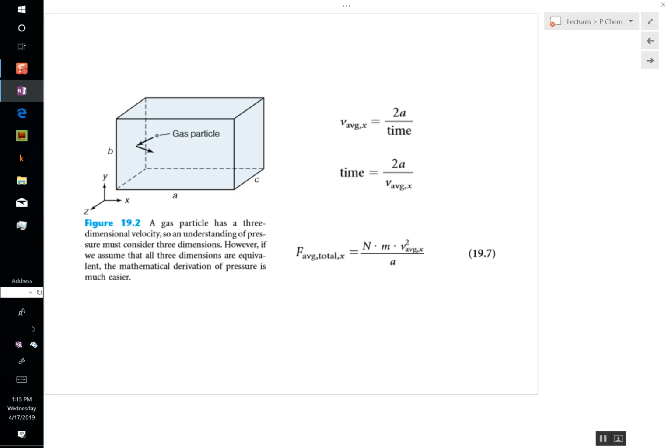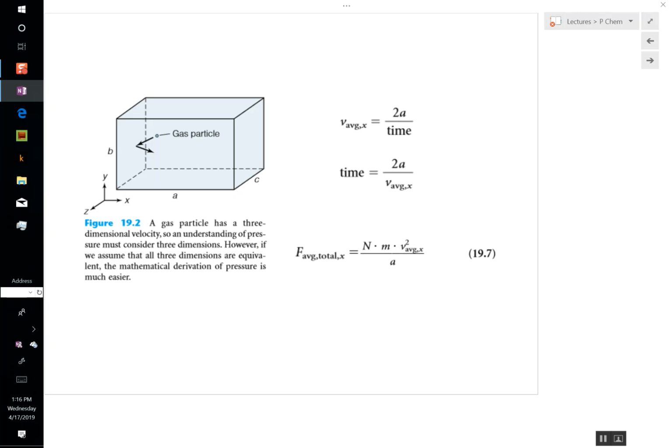It's moving in straight lines until it hits something, bounces off of it like a ping pong ball or a hockey puck would bounce off the walls of a sheet of ice. It glances off at an angle. Here, these dimensions, the width of this box, the height of the box, the depth of the box, are a, b, and c. Now don't get confused.